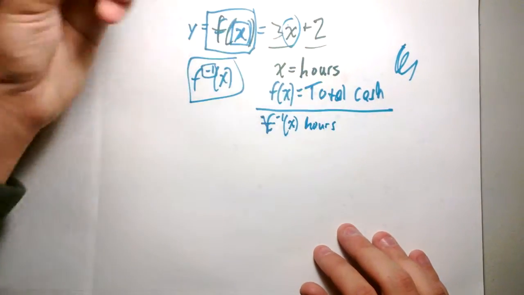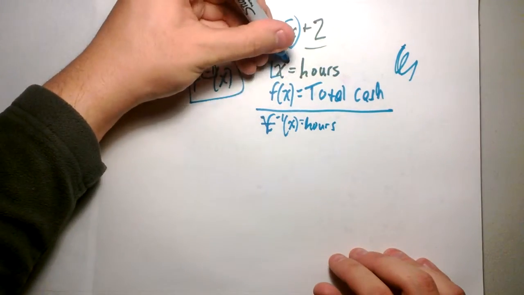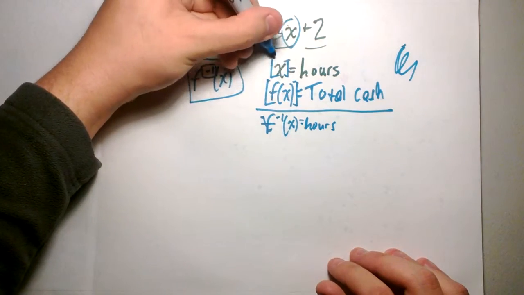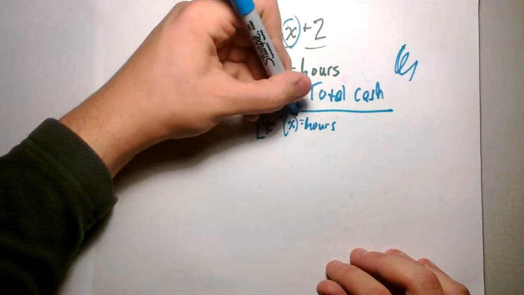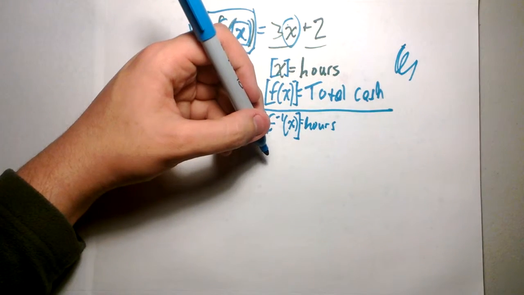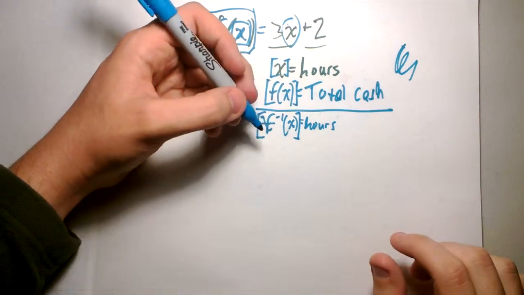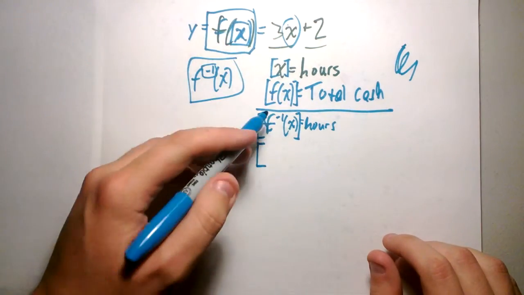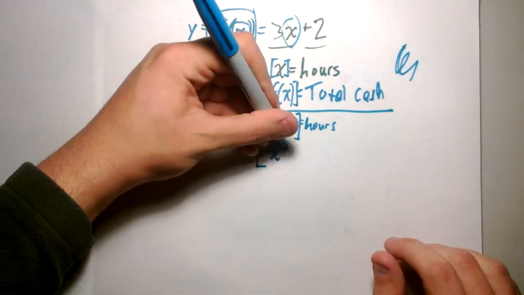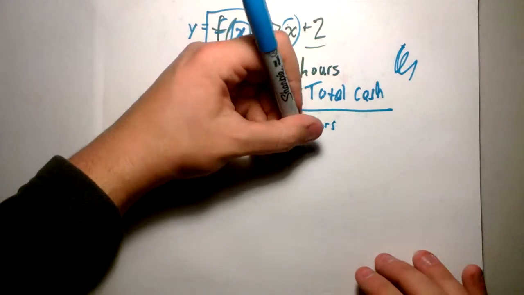And I shouldn't write equals. I guess this is the dimensional analysis way to do it. Just put brackets around it. So you're analyzing the dimensions. Either way, so that's in hours. And what else? Oh yeah. And so then you'd output x. And in this time, our input is total cash.